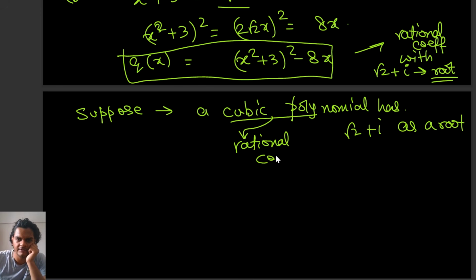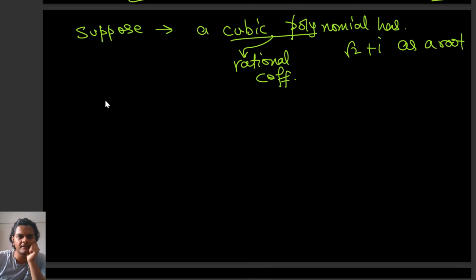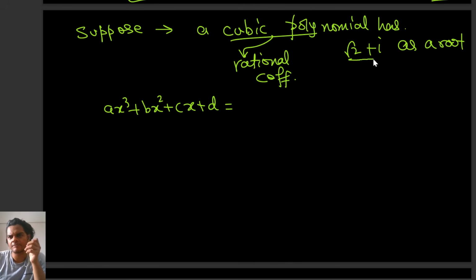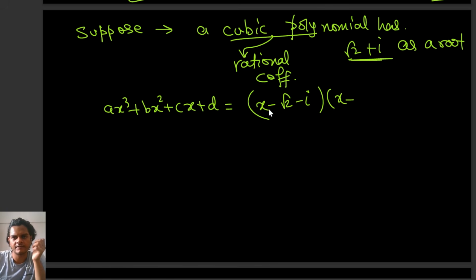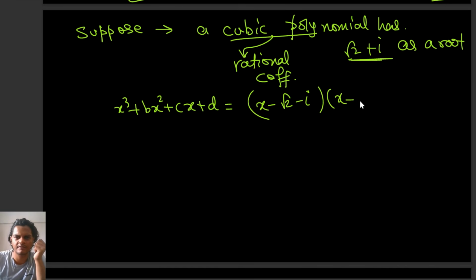Rational coefficient. Right? That means the cubic, let's say ax cube plus bx square plus cx plus d, has to be, since one of these is a root, x minus root 2 minus i, x minus root 2 plus i, okay, some a into that. Let's take a monic polynomial, so we don't have to worry about that.